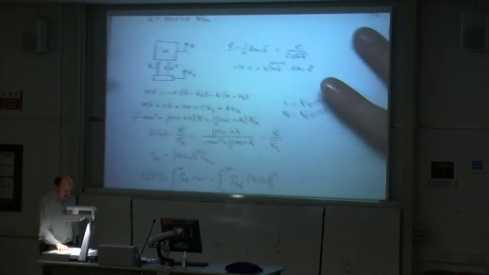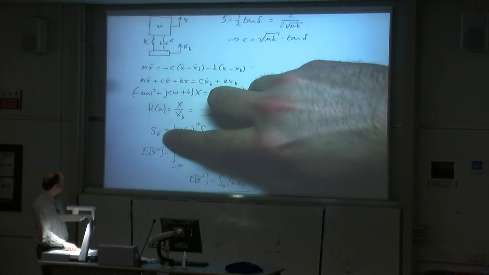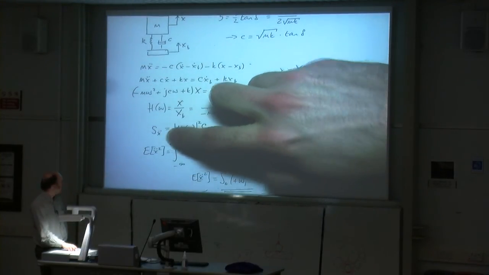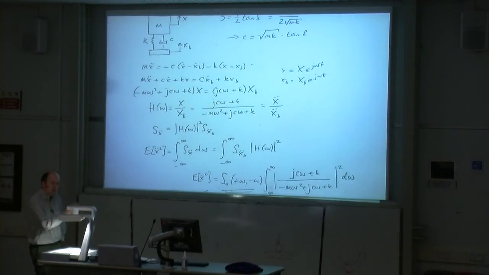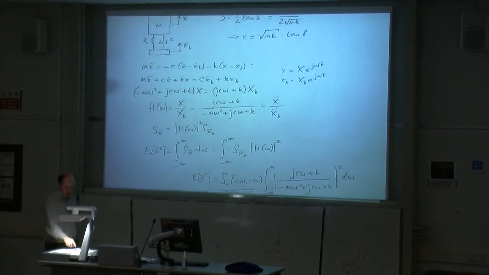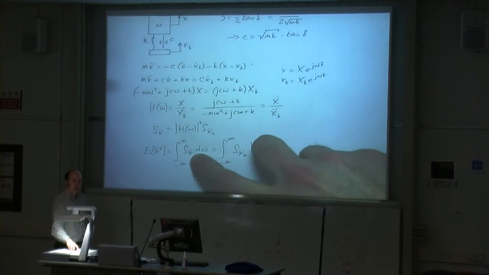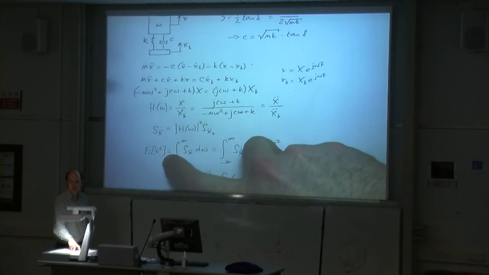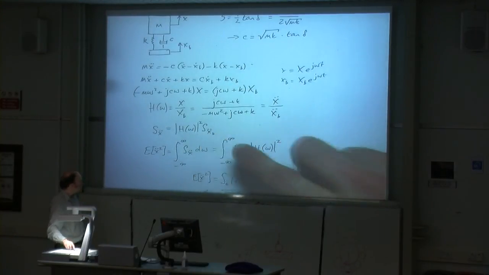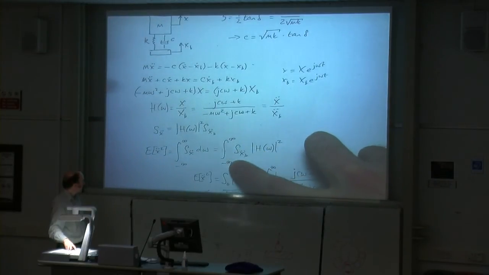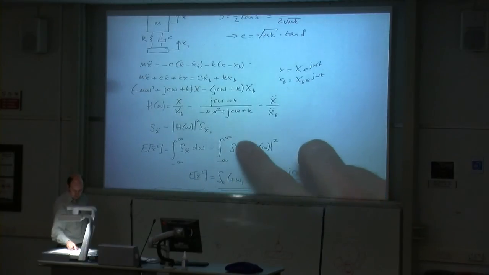From the theory, we know that the power spectral density of the output is the power spectral density of the input multiplied by this H(omega) with the modulus squared term. We also know that the integral of the power spectral density of the output gives us our mean square term. I'm rewriting this down here.